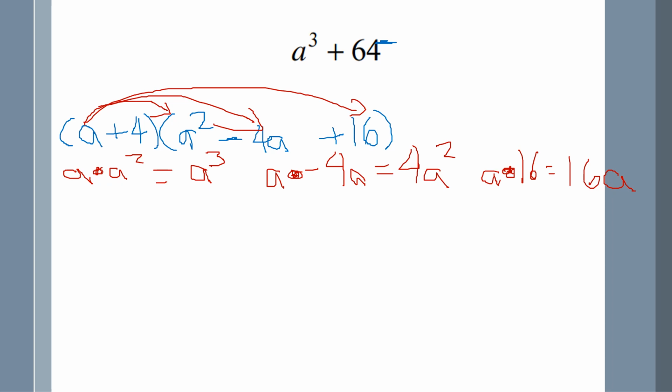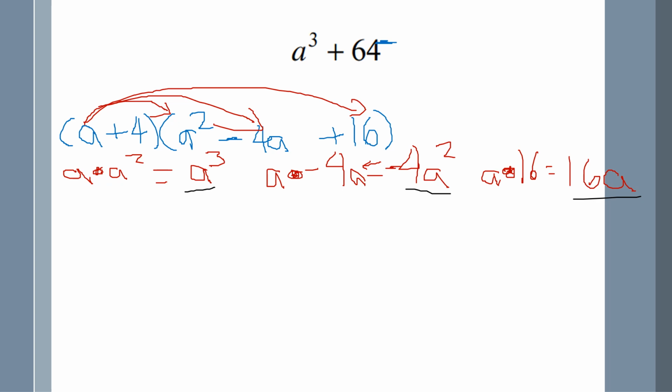I did the distributive property and multiplied stuff. Oh, that's negative 4a. Thank you to whoever called that out to my attention. So let me erase this. Negative 4a.